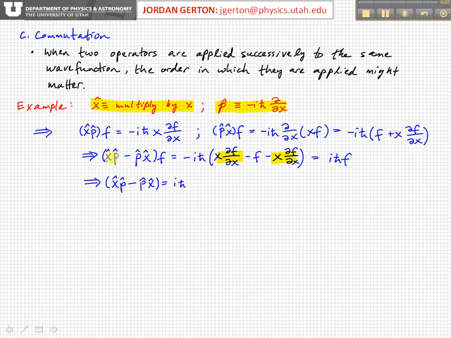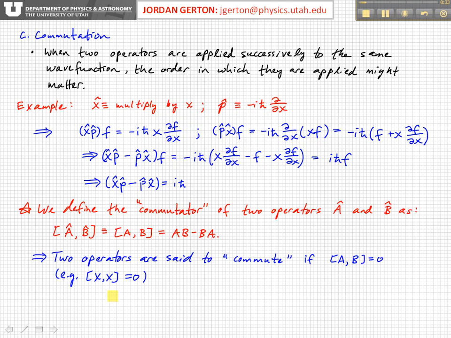So xp minus px acting on f gives you i h bar times f, a constant times f. And so we can say that this relationship between the operators, xp minus px, is equal to i h bar.